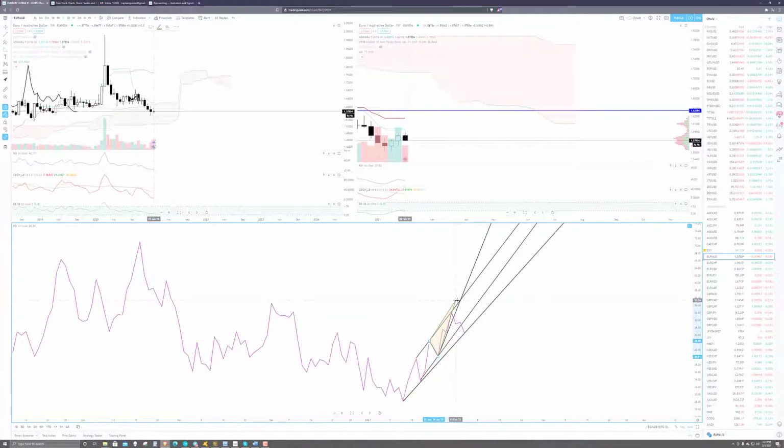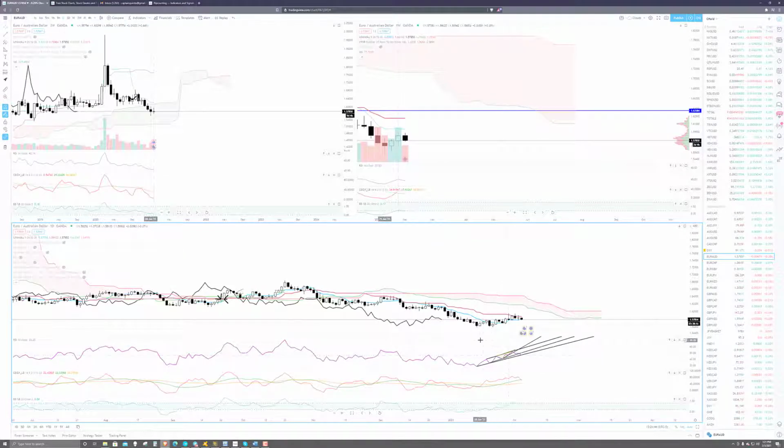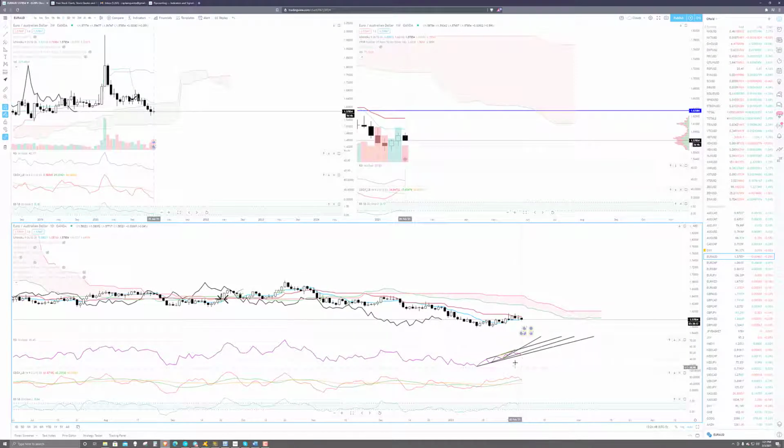That move right there. And then we have an ABC corrective wave down. So I mean, you can be a little bit more flexible with your rules. But there's a trend line in the RSI that we're right up against now, that if we were to cross down below, it would just trigger further downside pressure.